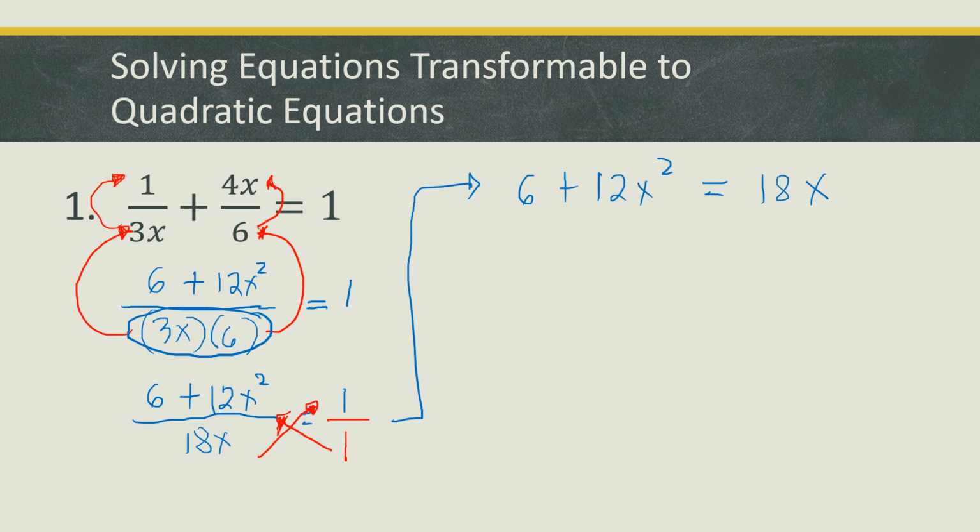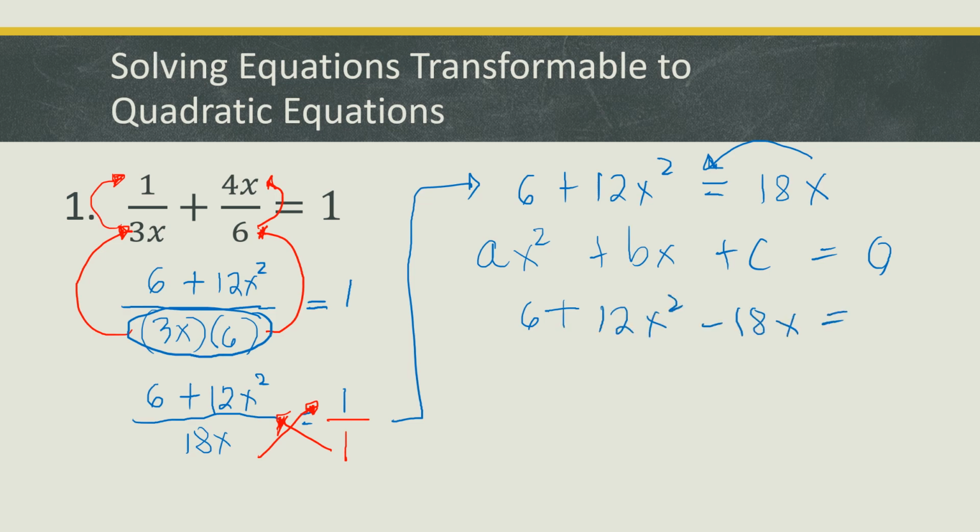So in that case, since we want the standard form of the quadratic equation, ax squared plus bx plus c is equal to 0, we will equate this to 0 by transposing 18x to the other side. That will give us 6 plus 12x squared minus 18x is equal to 0.